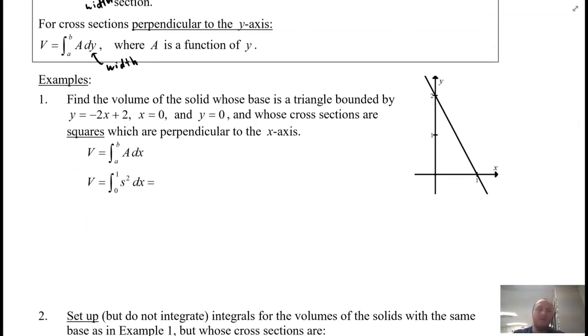It says find the volume of a solid whose base is a triangle bounded by the line y equals negative 2x plus 2, x equals 0, and y equals 0, and whose cross sections are squares, which are perpendicular to the x-axis.